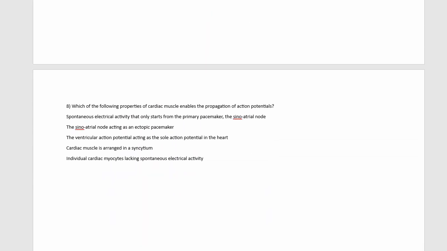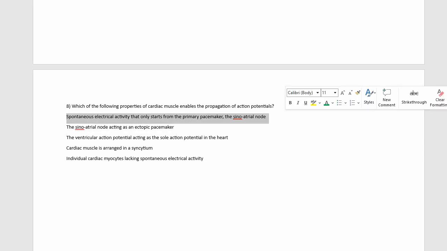So let's go back up to this and kind of run through it and just go through it one at a time, basically. So, spontaneous electrical activity that only starts from the primary pacemaker, the sinoatrial node. So this is incorrect because spontaneous electrical activity can arise from the AV node or from tertiary fibers.